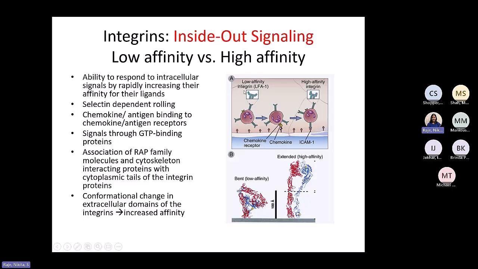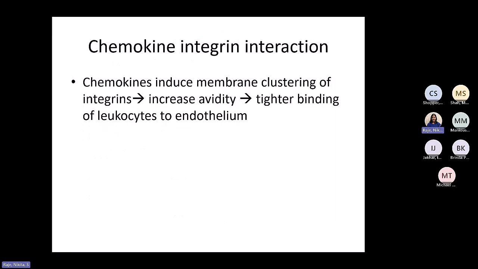So if you look at that broader shape of the integrin, when the chemokine receptor interaction takes place, the effect on the cytoplasmic tail of the integrin from inside will change the outside affinity of that integrin so that there is tighter binding, or high affinity binding, of the integrin. So that's called inside-out signaling. Important concept to remember. And remember, anything in red is for you guys to memorize.